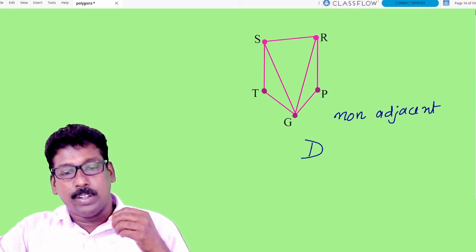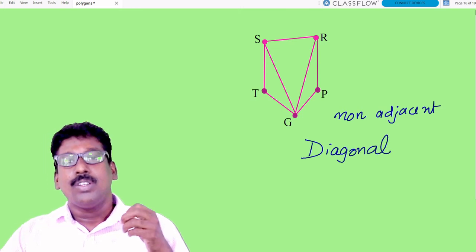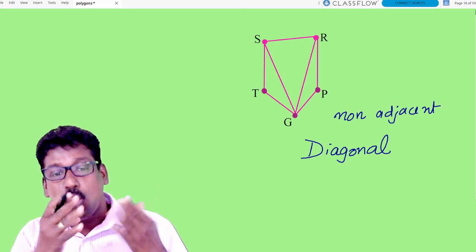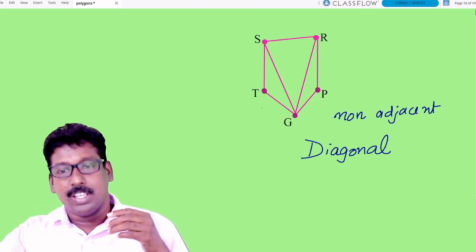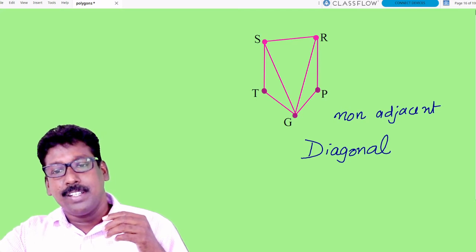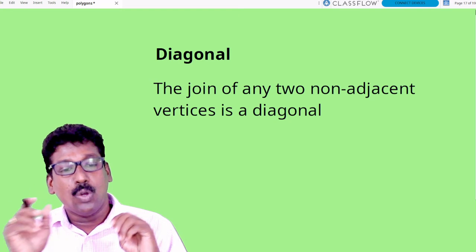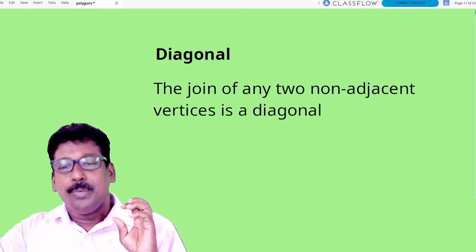It is called a diagonal. Then what is a diagonal? A diagonal is the join of non-adjacent vertices. So you can write, the join of any two non-adjacent vertices is called a diagonal.